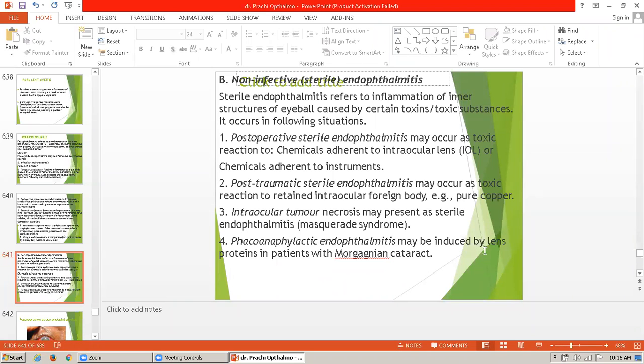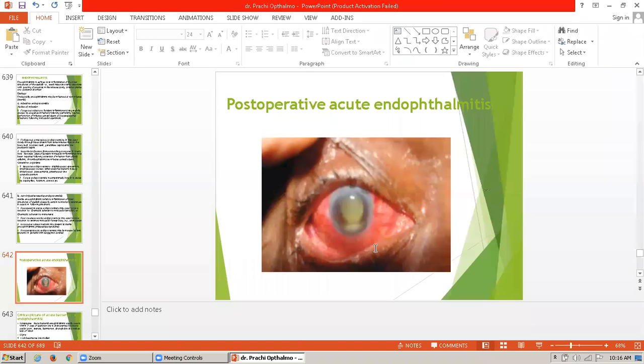It may be induced by lens proteins in a patient with a hypermature cataract. So, these are the situations where non-infective sterile endophthalmitis occurs: post-operative sterile endophthalmitis, post-traumatic sterile endophthalmitis, intraocular tumor, and phacoanaphylactic endophthalmitis.